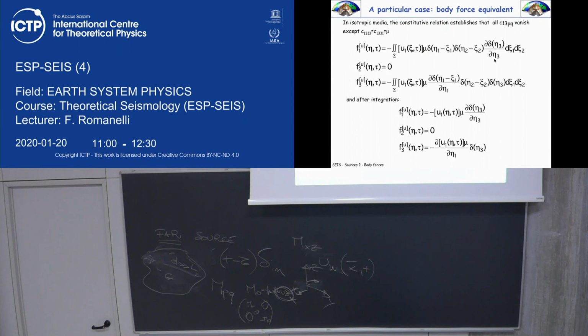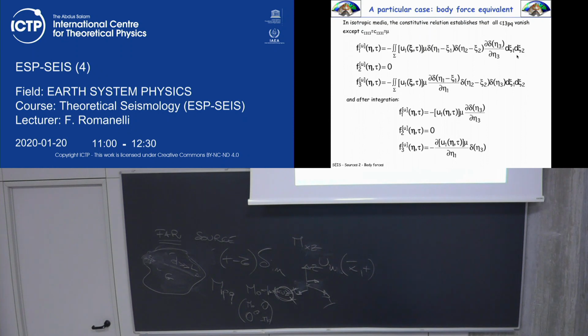We have nothing along the y direction, nothing, because remember, 1 3, 3 1. Then we have a force in Z that is related to the slip on the fault, times mu, times some deltas here, and this partial derivative.